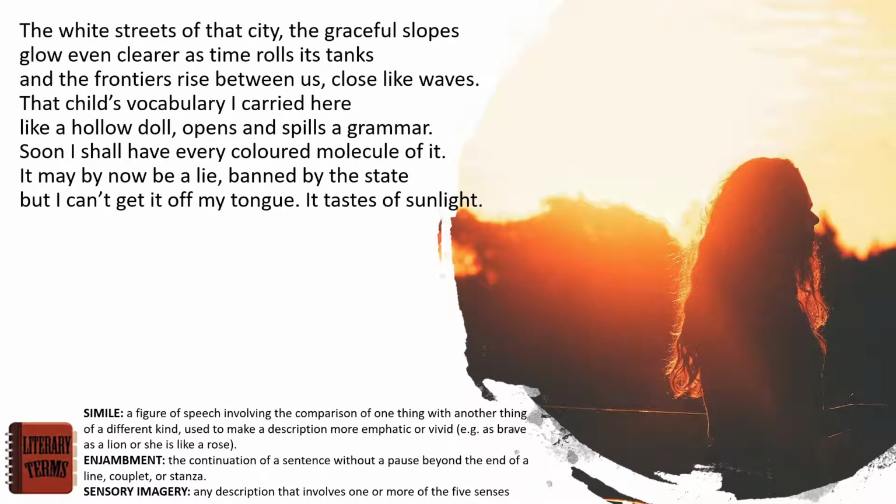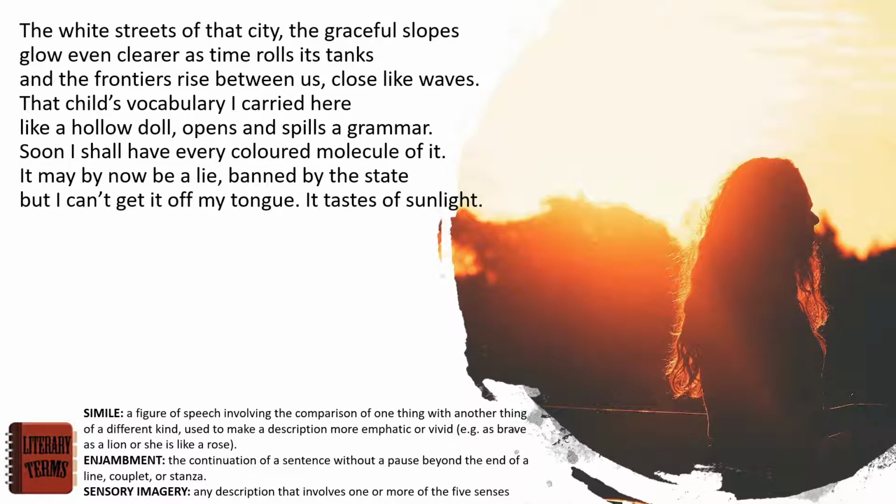So in our second stanza, we go immediately to this image of the white streets of that city. So she's still talking about her memories of this country, and that image of the streets being white, perhaps literally talks about the architecture of where she came from, but it can also be seen to be another link to that idea of light and moral innocence and truth and those sorts of positive associations.